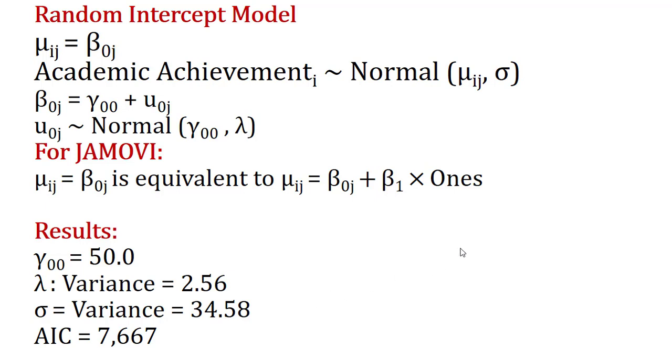Okay, so that means that because it's a lower AIC, this model is better than the previous one. That means that incorporating variability in the intercept improves the model.